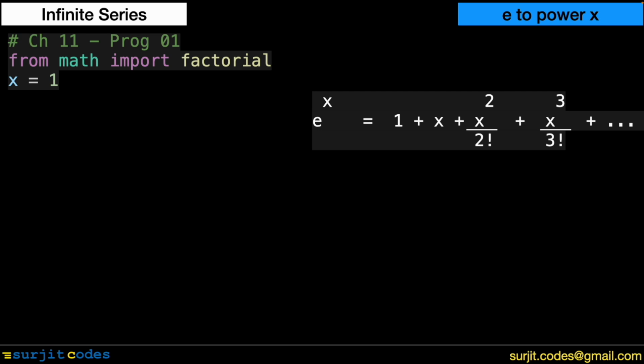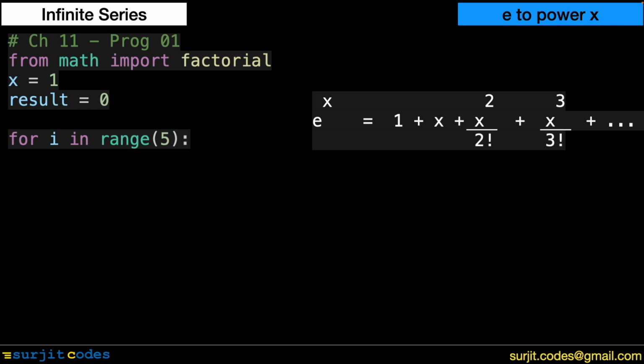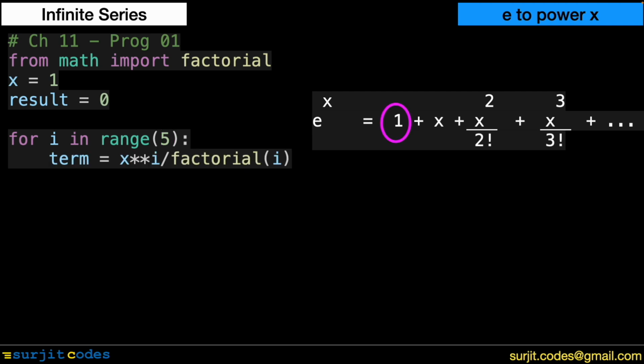We now proceed to find the value of e by selecting x equal to 1. We store 0 in result and then start a loop for adding the terms of the series one by one to the result. Present loop will add first 5 terms of the series.